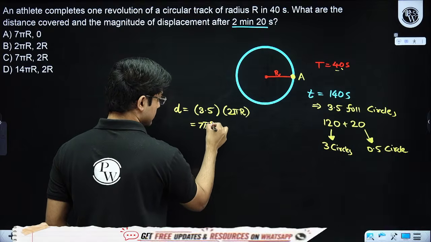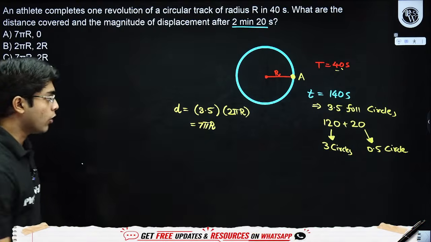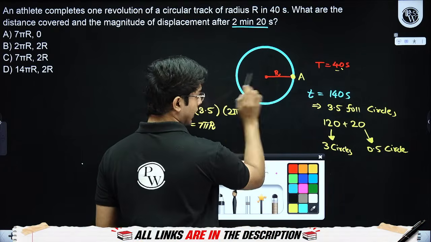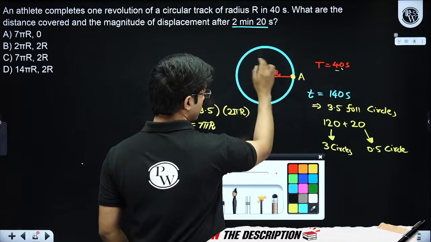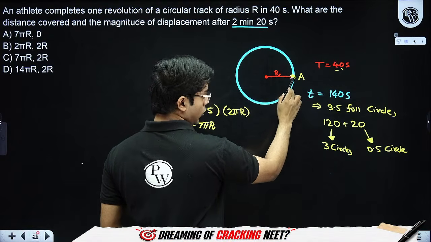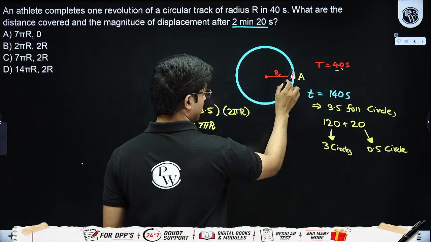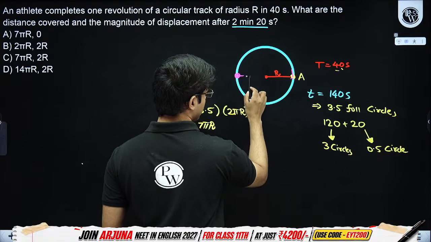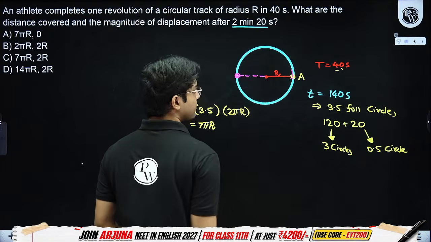So this is the distance traveled by him. Now what will be the displacement? Displacement, you have to see where he is at the end. So after 3 circular motions, he will be back at A itself, right? On top of that, he is covering another half. So he will be over here at the diametrically opposite point, right?